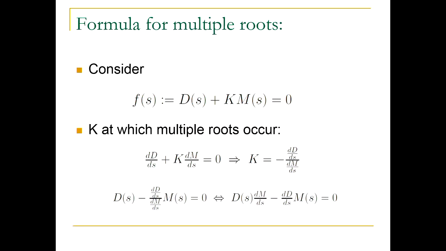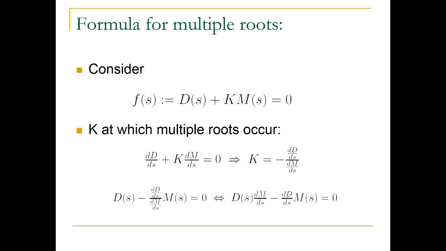Ogata does it differently. I will just present one formula. If we consider this function f(s), which is basically the denominator of our closed loop transfer function, equal to 0, the k at which multiple roots occur can be obtained by taking the derivative and calculating for k, and then substituting that k into the original equation.